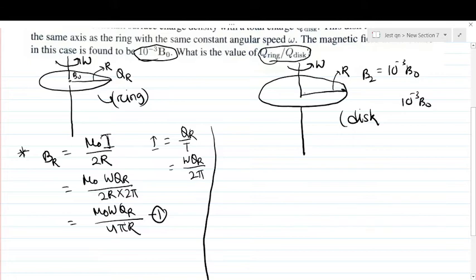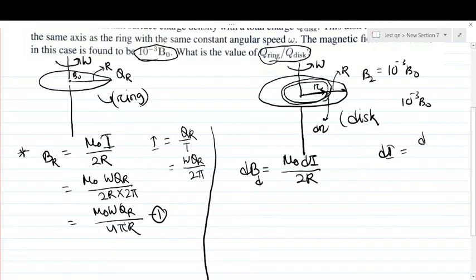So let's take an element at a distance r, of thickness dr. So the magnetic field due to this element is dB equal to mu naught dI divided by 2r, and dI is equal to dq by T, and dq times omega by 2 pi. This will be the thing.